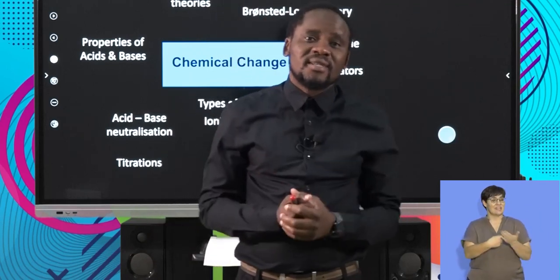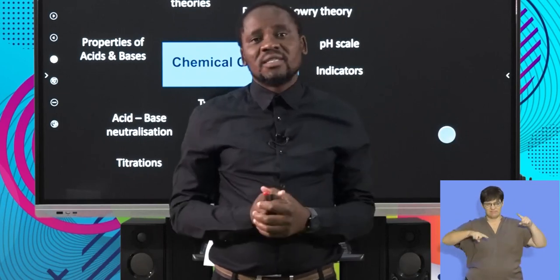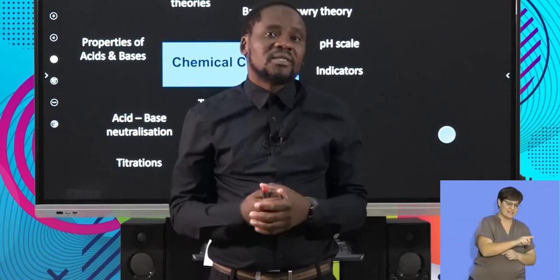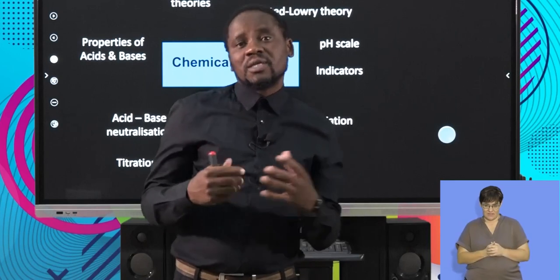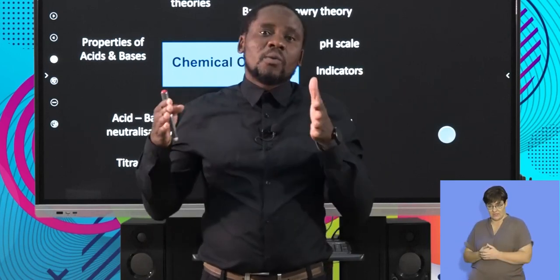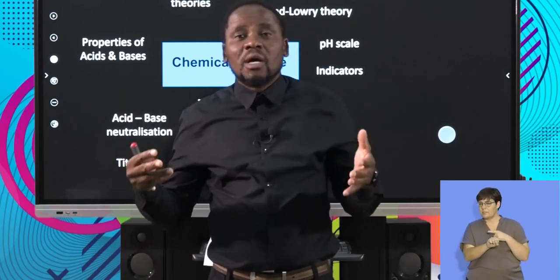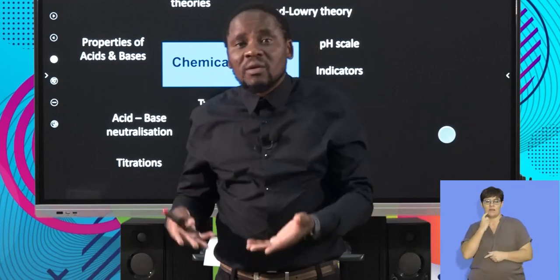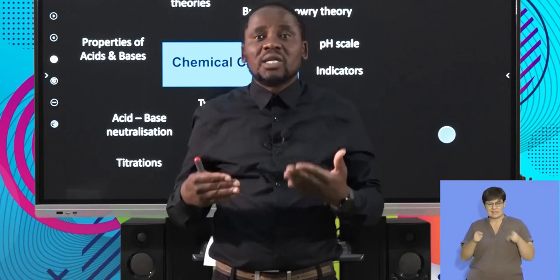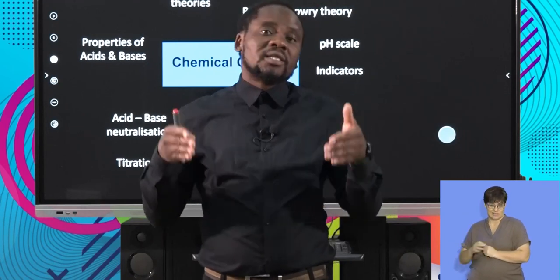We're still discussing the formation of salts. We're looking at different reactions in terms of using acids and bases in real life. So we want to focus on a case whereby you are given a salt and then one needs to work backwards to try and determine, for example, which acid or which metal oxide, which base, which alkali actually reacted with an acid to form a certain type of salt.